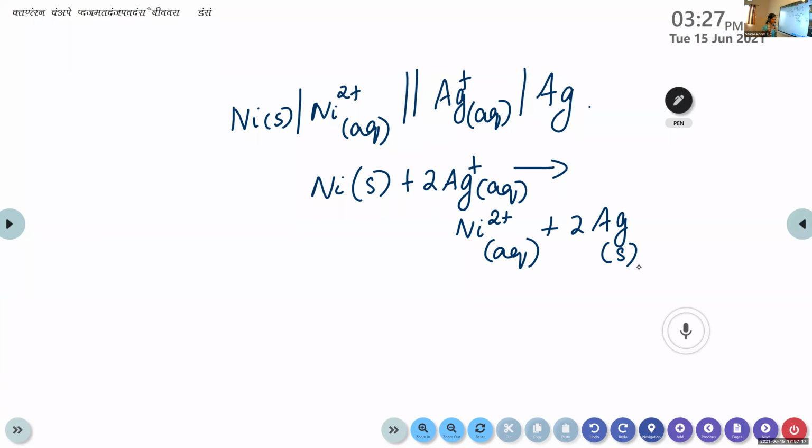We have to just write the Nernst equation for this chemical reaction. You have to consider the concentration of the solid state as unity. The concentration of this nickel and silver in solid state is considered as unity.